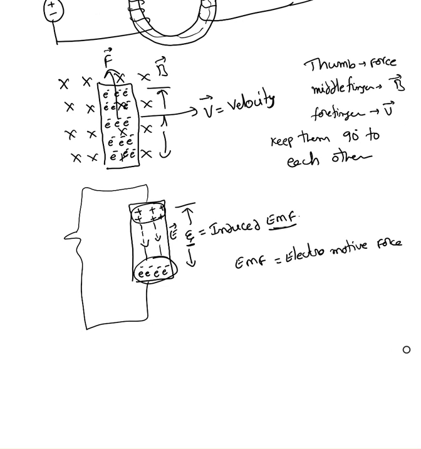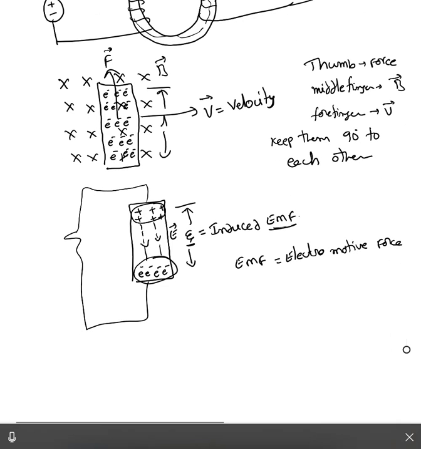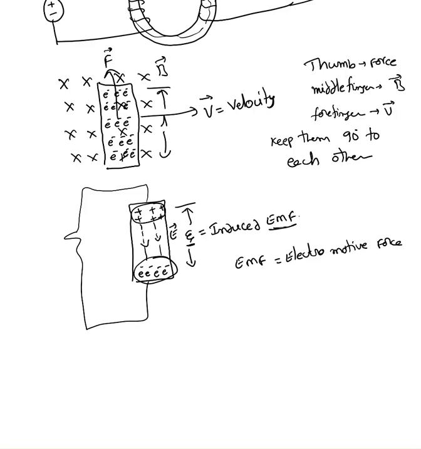A battery converts chemical energy into electrical energy. That is also called EMF. I think I told you this many times. EMF and voltage: say for example, if I connect a 1.5 ohm resistor across a 1.5 volt battery, assume that this 1.5 volt is the induced EMF.